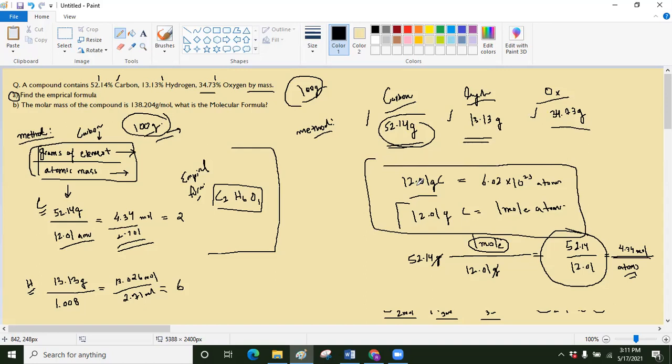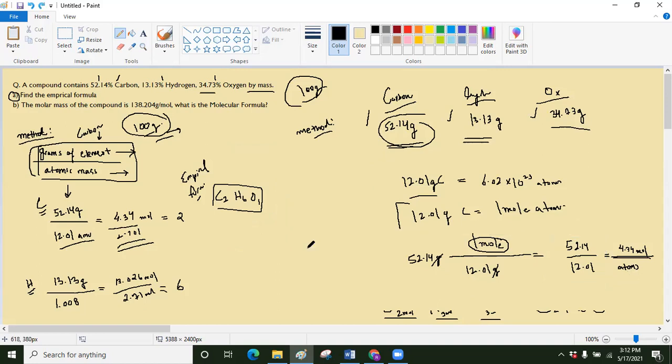That's very time consuming. So instead it says, we'll just take your grams of element and divide by the atomic mass, and then you'll get how many atoms. Well, the real story is that you're getting moles of atoms and you're actually dividing by the molar mass. And that's why you can just do this, and that's why it essentially works.